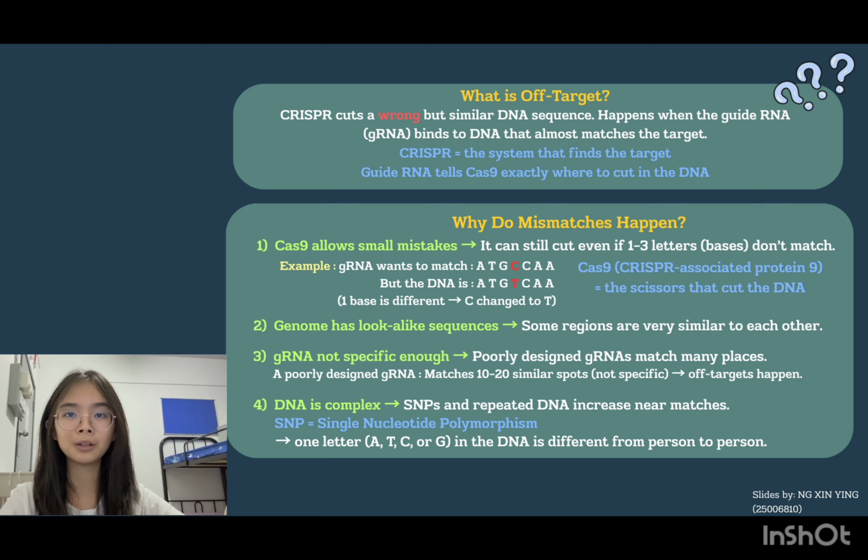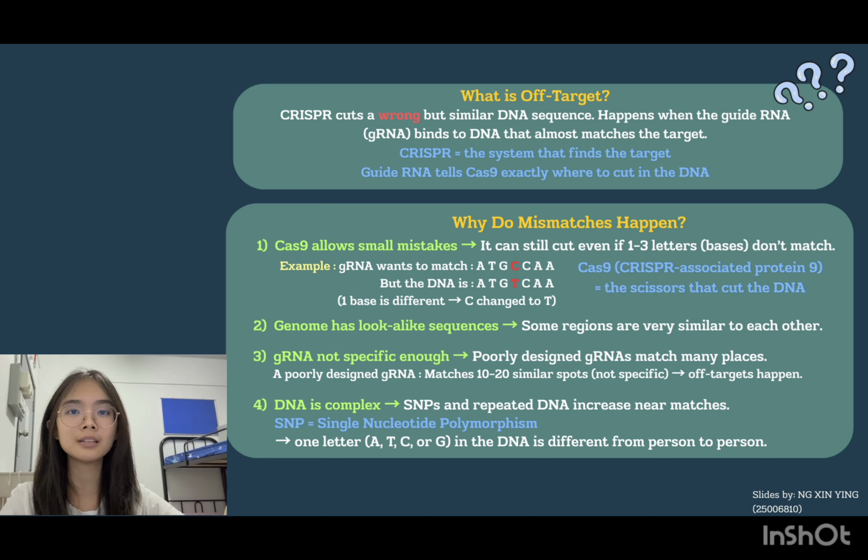Third, a poorly designed gRNA might lack specificity, meaning it could naturally match up to 20 different spots in the genome. Finally, our DNA is personally unique. SNPs, which are one-letter differences between individuals, can create unexpected near matches for the CRISPR system to target.